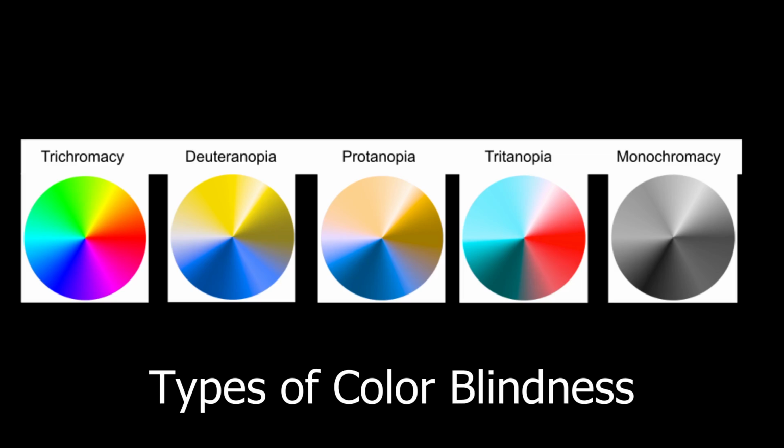Color blindness basically results when you're missing one of those types of cones, or even two of those types of cones. Or you just have a deficit in the number of those cones. You might have a few of them, but not enough to generate the full spectrum of color. And also, just on color blindness, it's important to understand that color blindness is not the same thing as total absence of color vision. Total absence of color vision is very, very rare. It's called achromatopsia.